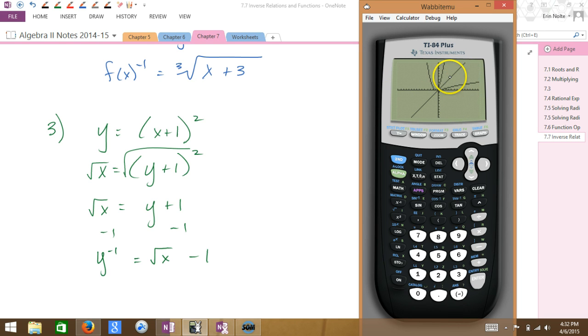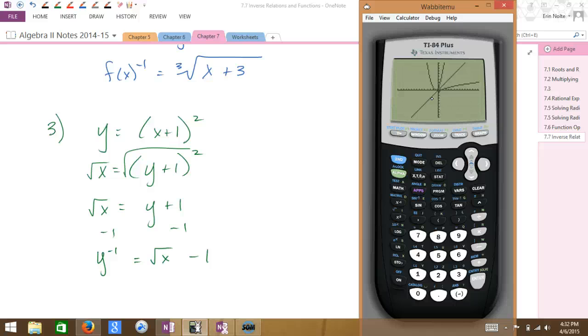This, if it was a sideways parabola, would not. And the calculator will not graph non-functions. So what's happening is it's restricting the domain of the function. This function only exists when the x value is greater than 0.